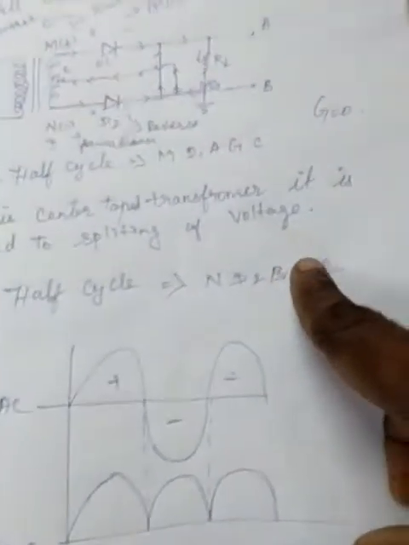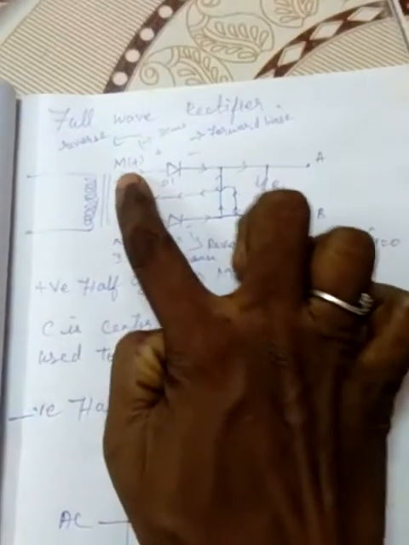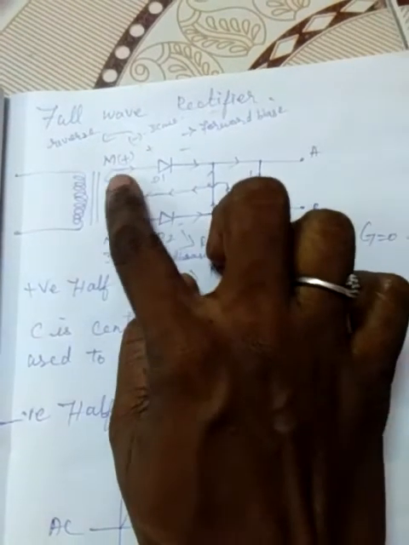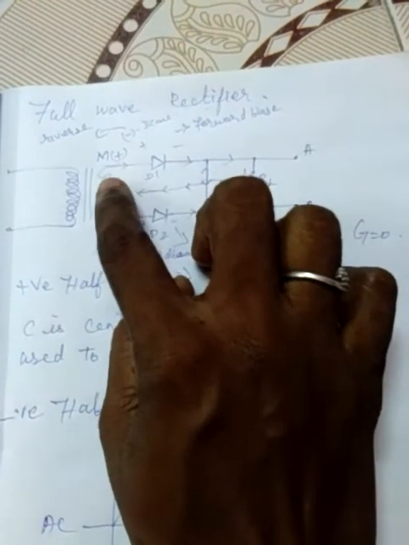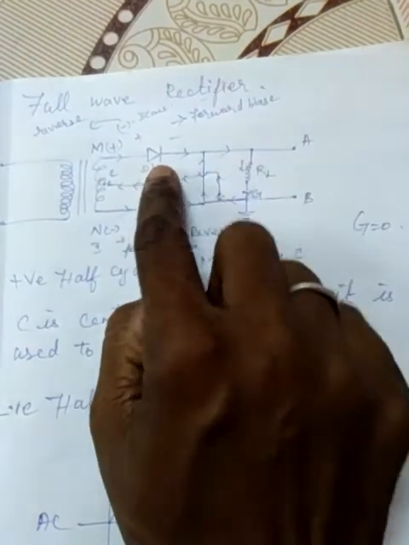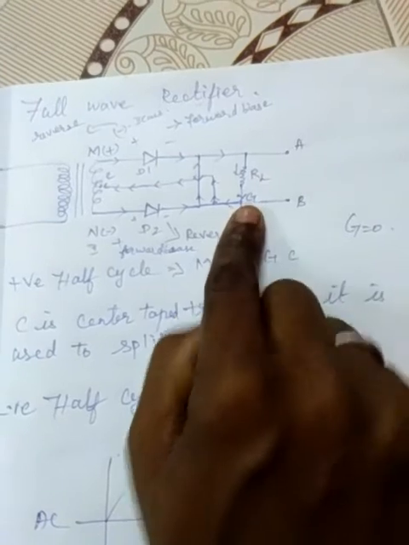First the half cycle of the bias. You see the half cycle bias, how are we calculating? M positive bias, M, D1, A and ground. Okay.